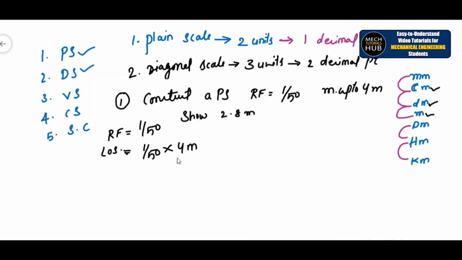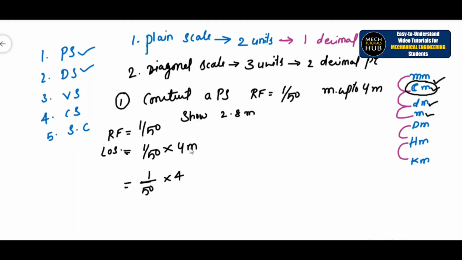For example, if a question is given in any of these units, try to convert them into centimeters, because our scale will read centimeters or millimeters. So always convert whatever units are given into centimeters, then problem solving becomes so simple. So 1 by 50 multiplied by 4.